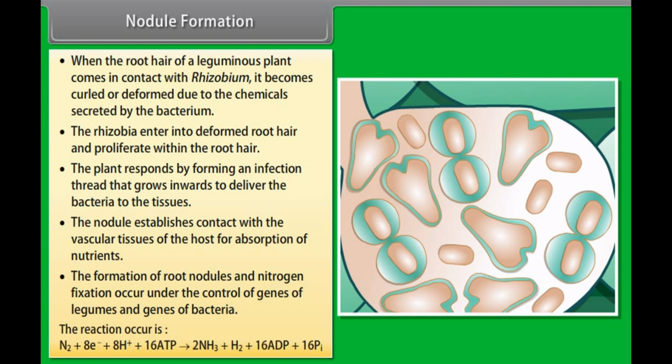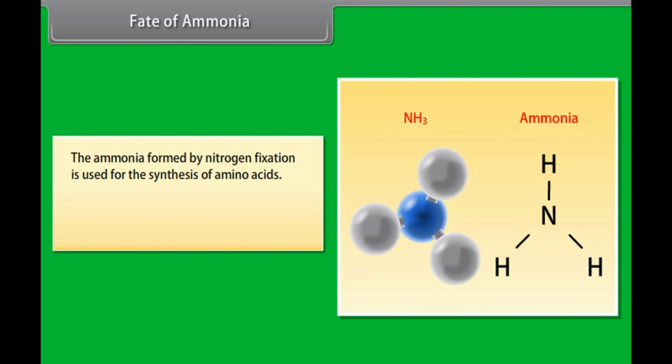The reaction that occurs is N2 + 8e⁻ + 8H⁺ + 16 ATP gives 2NH3 + H2 + 16 ADP + 16 Pi. Fate of ammonia. The ammonia formed by nitrogen fixation is used for the synthesis of amino acids.